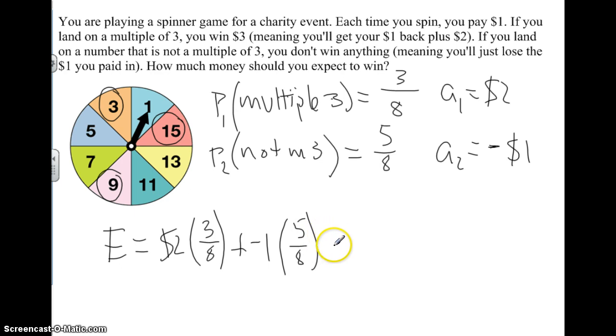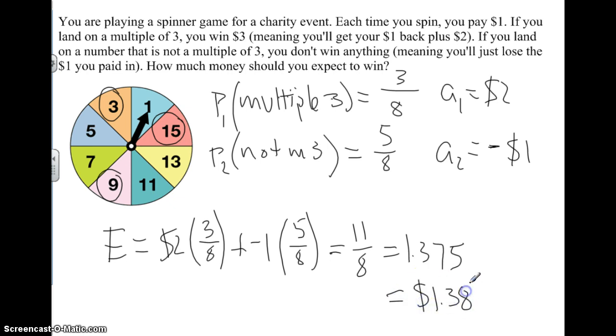When simplified, we get 11/8, which is about 1.375. Because we're talking about the expected value of our earnings and money, it would be $1.38.